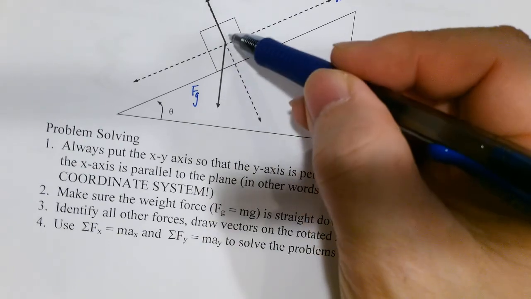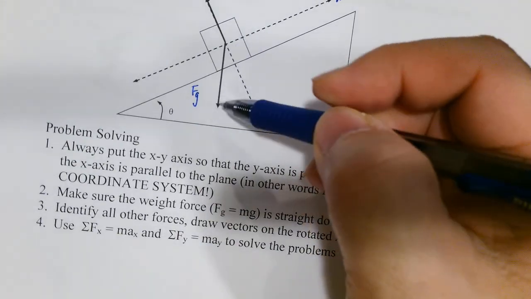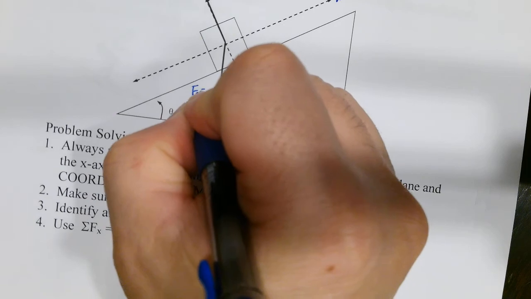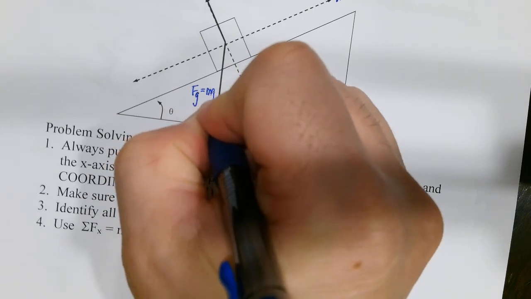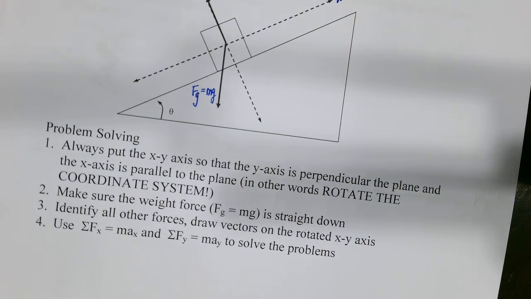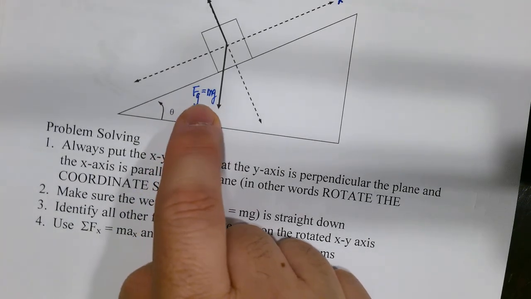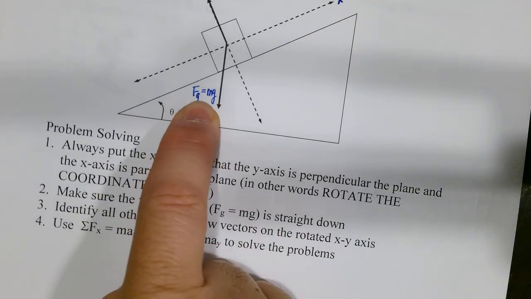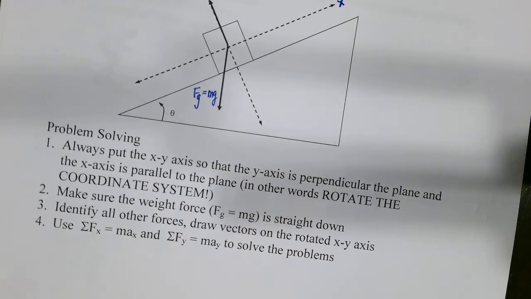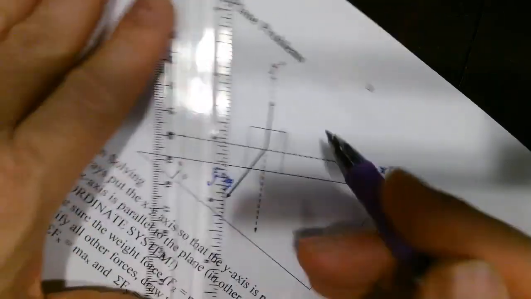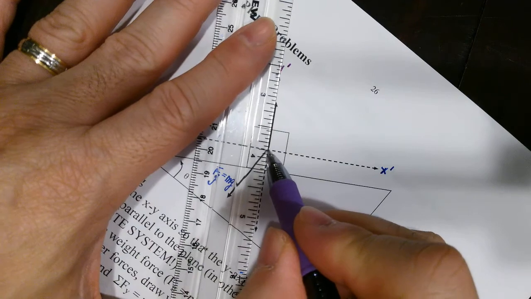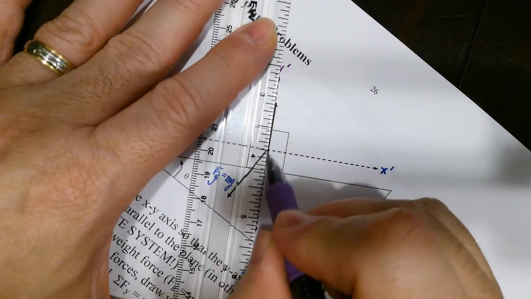It will be on the x prime, y prime plane. And of course, this is always equal to mg. Then this FG can be broken up into its x and y prime components.